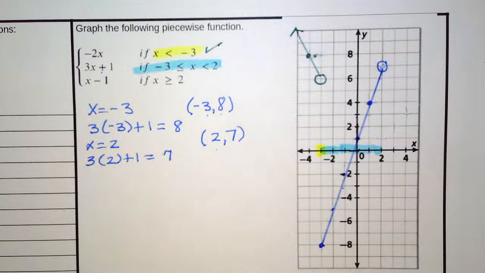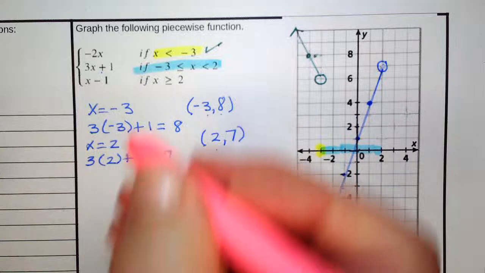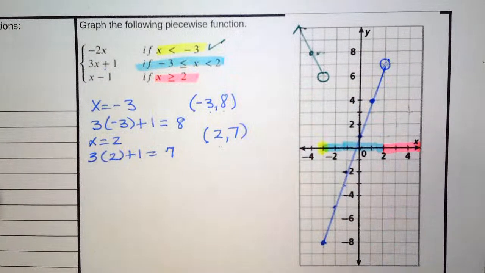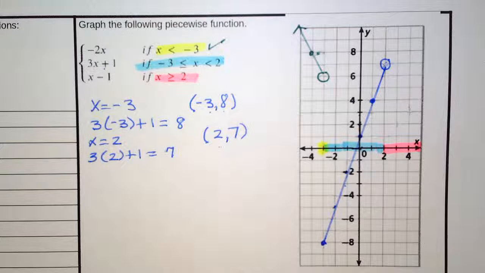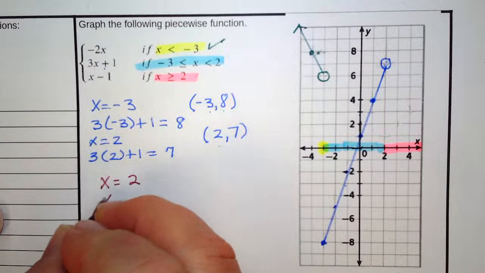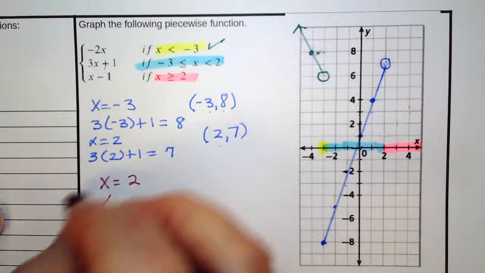So if we're looking at the next one, this time we actually start at x being greater than or equal to 2. So now I'm going to go from here on out. I use x minus 1. So when x is equal to 2, 2 minus 1 is 1.